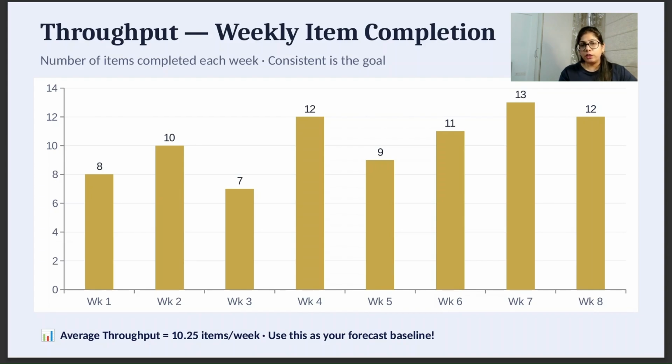If you take out the average throughput, that is 10.25 items per week. You can use this as your forecast baseline for upcoming work, showing what your team is capable of doing with the same capacity every sprint or during that same 8 weeks period. You can easily forecast how much work your team is capable of completing.